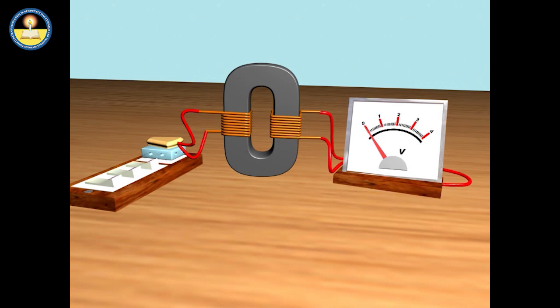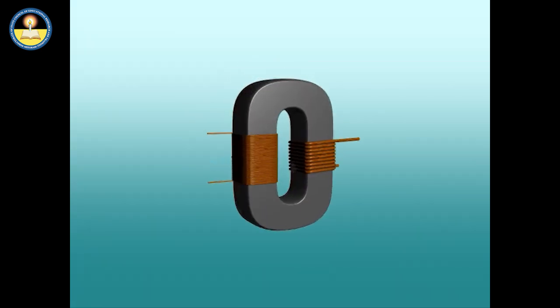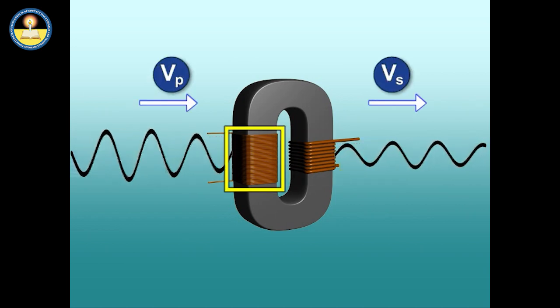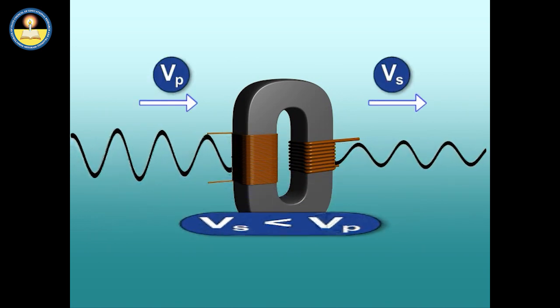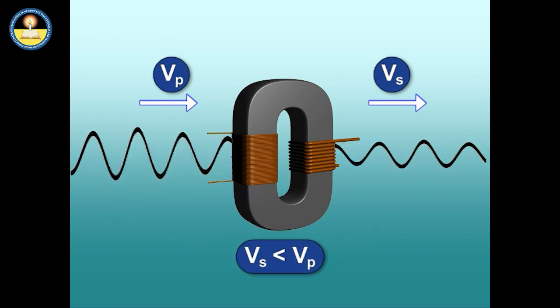On applying an input voltage to the primary coil, the electric energy is transferred to the secondary coil through the changing magnetic field. Now, if the number of turns in the secondary coil is less than the primary coil, the output voltage is also less than the input voltage.